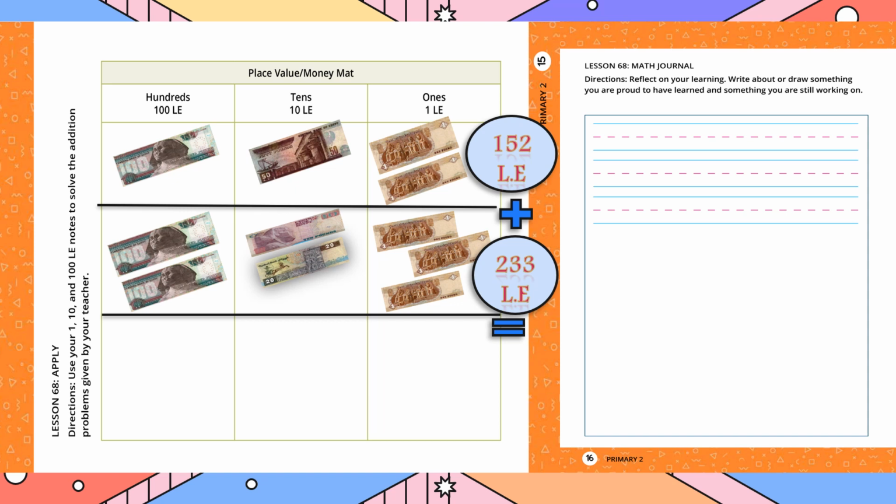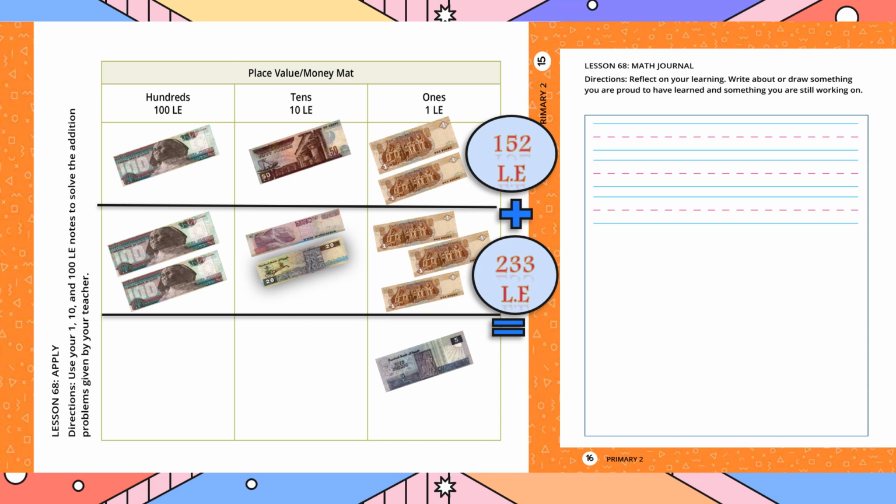Let's add all together to find the total amount. We start with ones. 1 plus 1, 2. 2 plus 1, 3. 3 plus 1, 4. 4 plus 1, 5. 5 pounds. In tens, 50 plus 10 equals 60. 60 plus 20 equals 80.